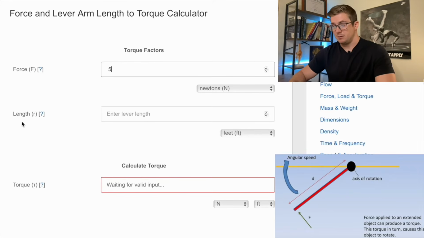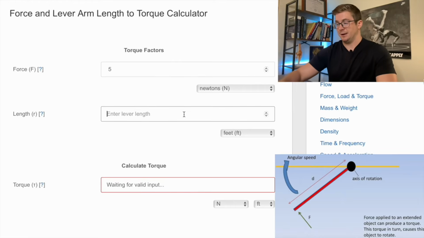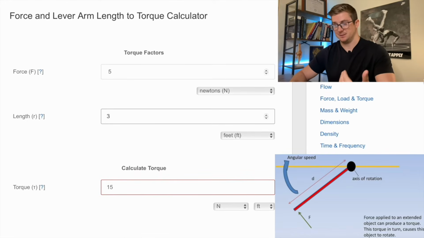Now, the length: we'll just say Izzy's leg is 3 feet long. Okay, probably, maybe, but let's just say 3 feet long. So that would be 15 newton feet of torque about that axis, provided everything is equal in the athlete. If you decrease that and say 1.5, let's just say it's half of Izzy's leg size, a shorter athlete, you get 7.5 newton feet.